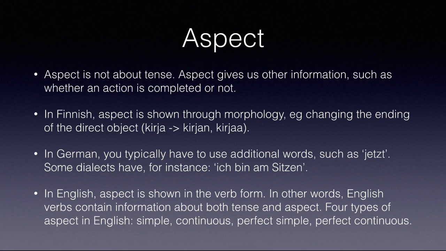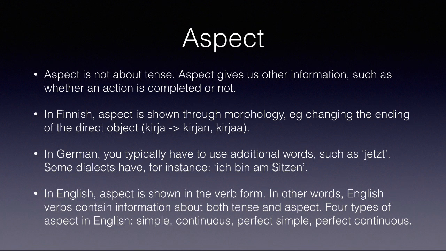In German, you typically have to use additional words such as jetzt. I believe that there are some dialects which have, for example, ich bin am Sitzen. Is that Rheinland-Pfalz? Somewhere like that, with one of the meanings of I'm sitting. I'm not sure about that. In English, aspect is shown in the verb form.